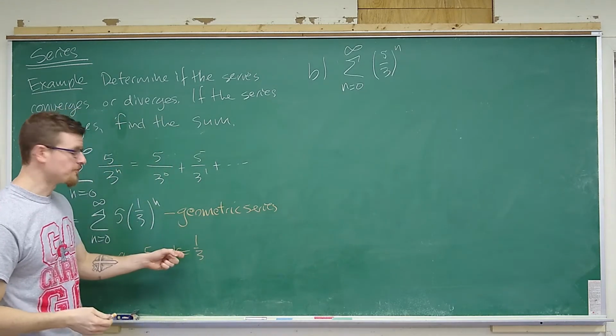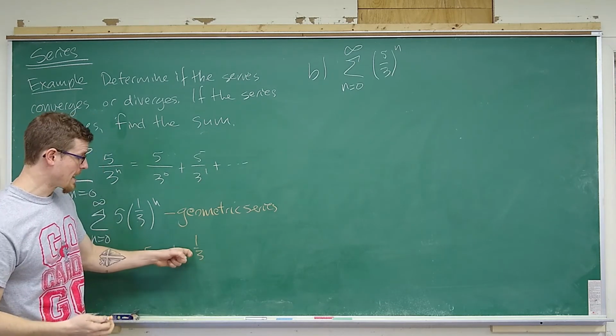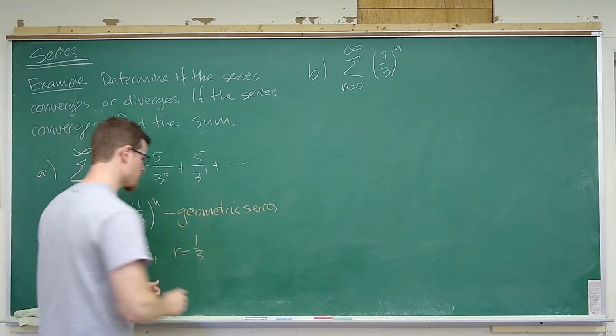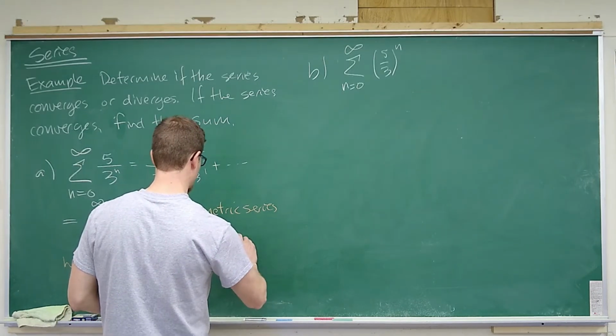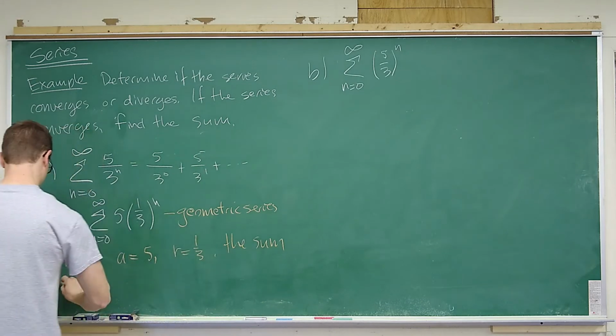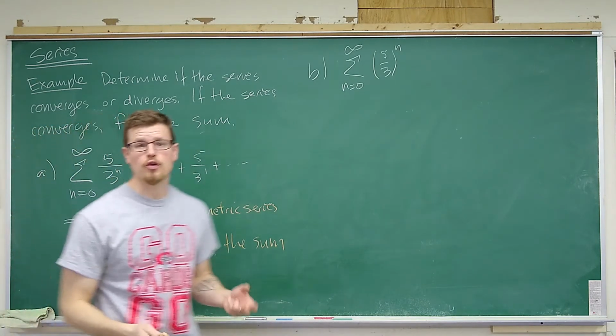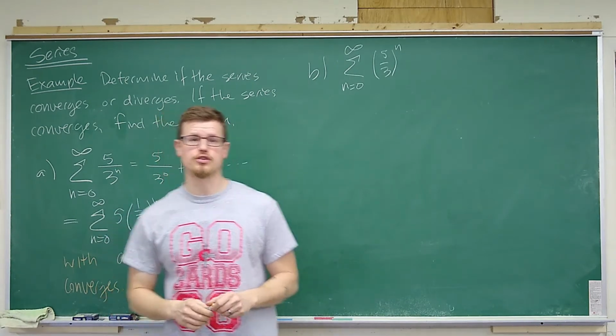So in this case, it converges for any R value less than 1, and that's what we have. We have a value less than 1. So the sum converges and we have a nice formula to determine what the sum converges to.